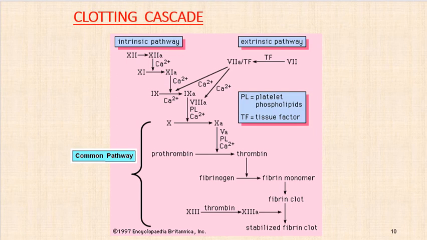And then there is the common pathway, in which the end point is the formation of fibrin threads, fibrin monomers. A fibrin clot is formed, which is stabilized with the help of activated factor 13. So in this way, a stabilized fibrin clot is formed, which firmly plugs the severed vessel and stops bleeding.